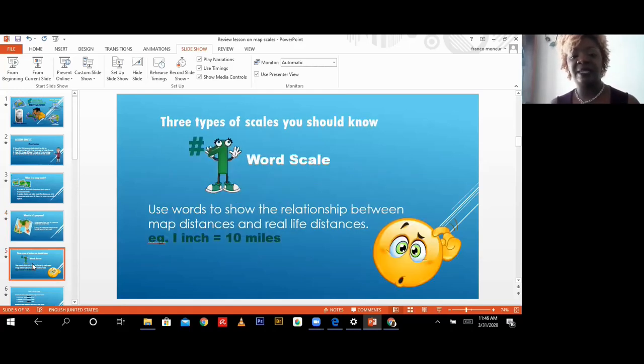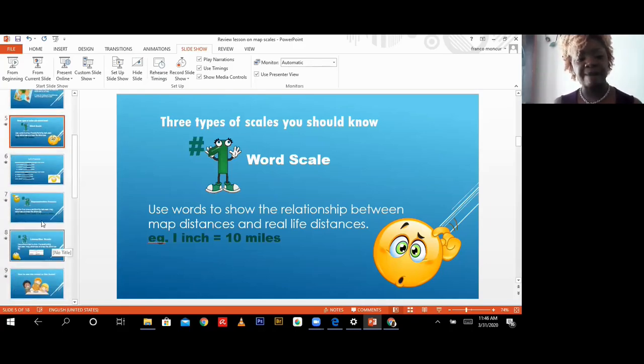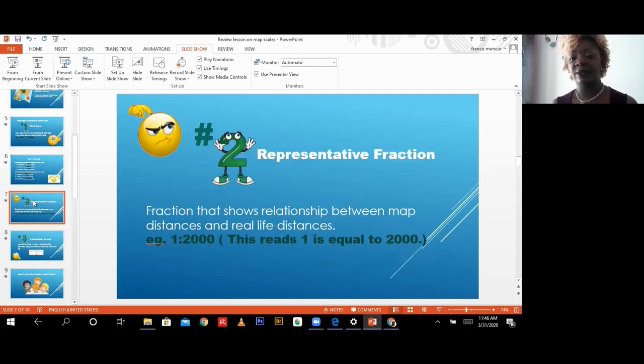All right. Again, there were 3 types of scales that we would have reviewed. One being the word scale, where we actually had to work out some word problems. We also had to look at the representative fraction, which isn't as popular as the word scale.